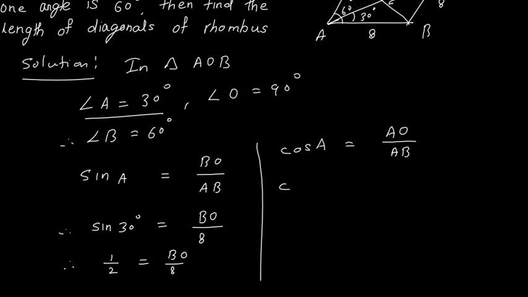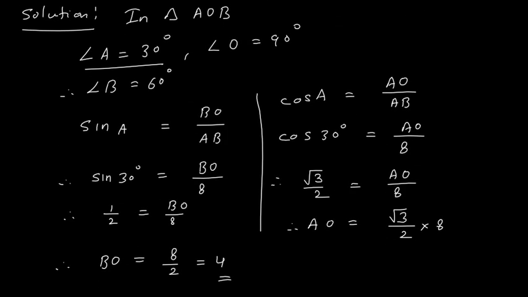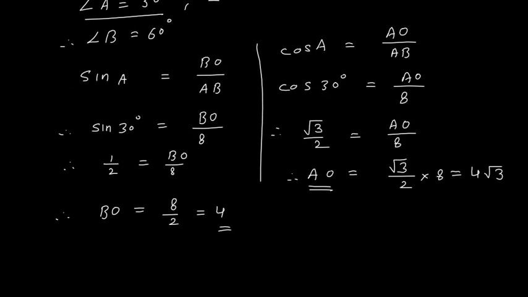So cos 30 degree is equal to AO upon 8. Cos 30 degree is root 3 upon 2. So root 3 upon 2 is equal to AO upon 8. Therefore the value of AO is root 3 upon 2 into 8 which is 4 root 3. So AO is 4 root 3, BO is 4.